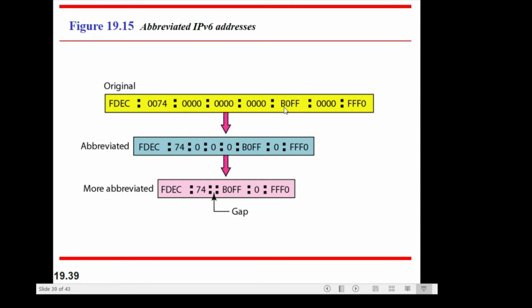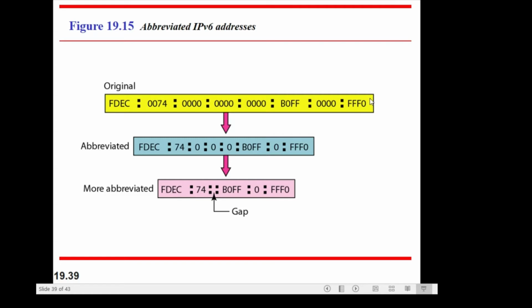This one we have B0FF, with B and then 0 and then FF, so we cannot remove this 0. The same goes to this one, we have FFF0, so we cannot remove this 0.